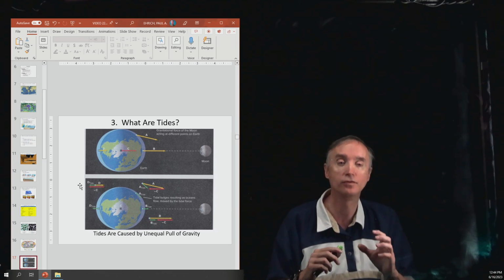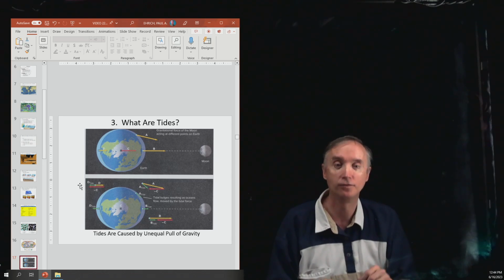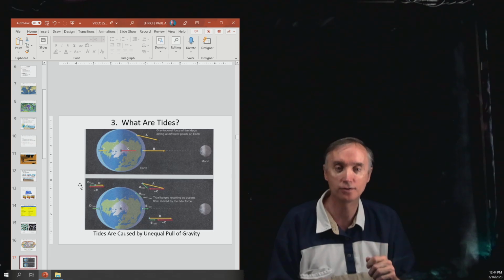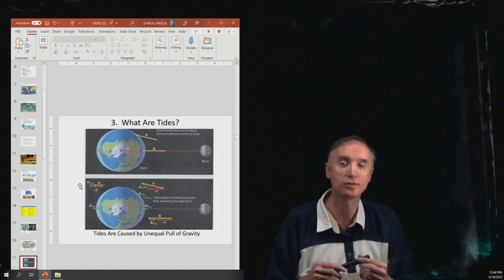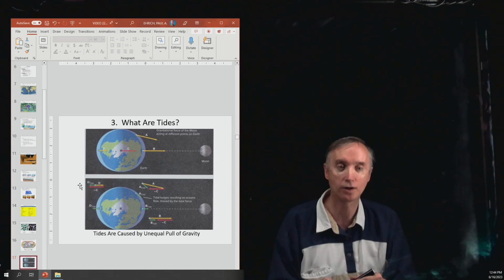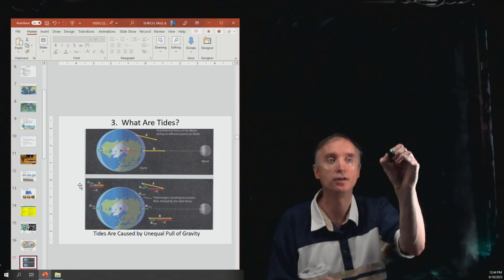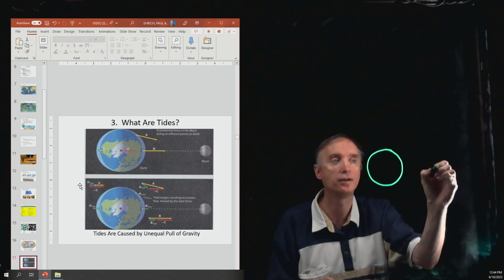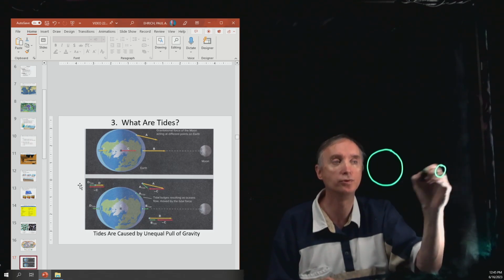Now this is very complicated, very mathematical, and so if you really want to have a good understanding of this, take an oceanography course, and then they will explain the tides in more detail. So we're going to have a much more simplified view of what causes the tides. If you pretend that this is the Earth, and then over here is the moon.